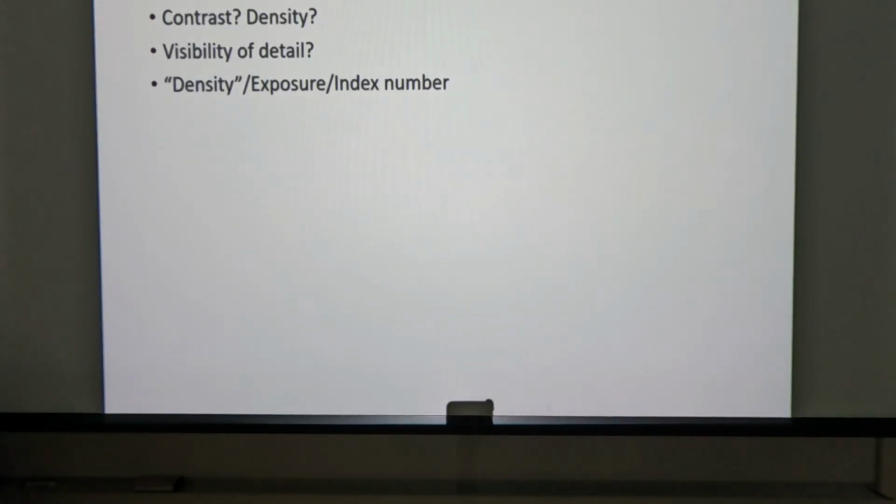All right, so effects of KVP changes on the image, contrast, and density, really not much because your lookup table controls that. Visibility, recorded detail, well, that is your contrast resolution. So it's still not going to change it much. So your exposure, your index number, if you're using the 15% rule, or if you're phototiming, when you increase your KVP, what's going to happen automatically with your mass?